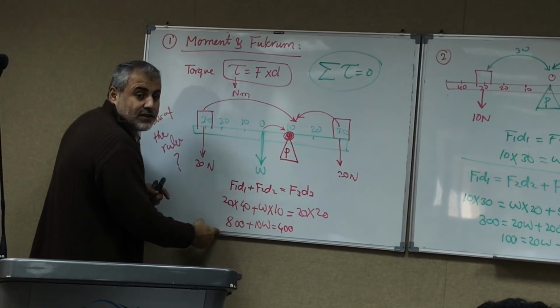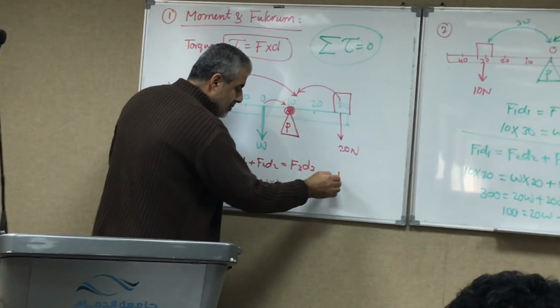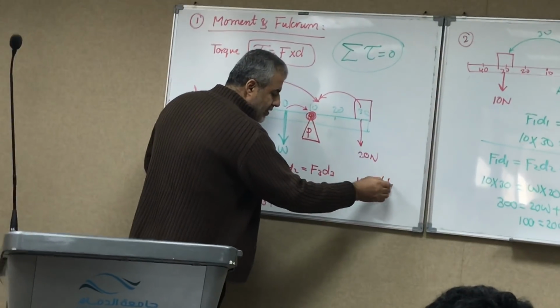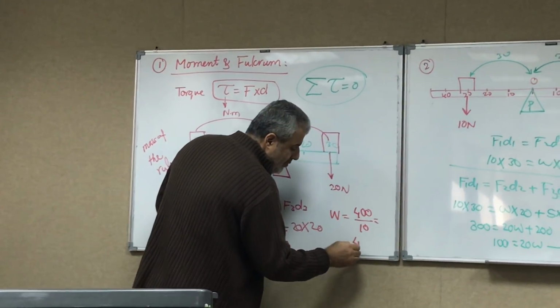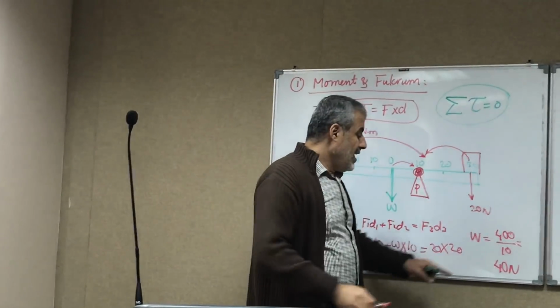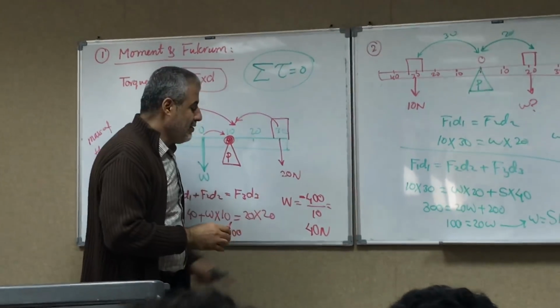Now we send this to the other side. It will be this 400, is that right? So I'm going to write here as follows: W equals 400 over 10, and it will be 40 newtons, suppose. By the way, I told you it's not balanced as a problem. It is negative, but I skipped the negative. Suppose it's not negative.